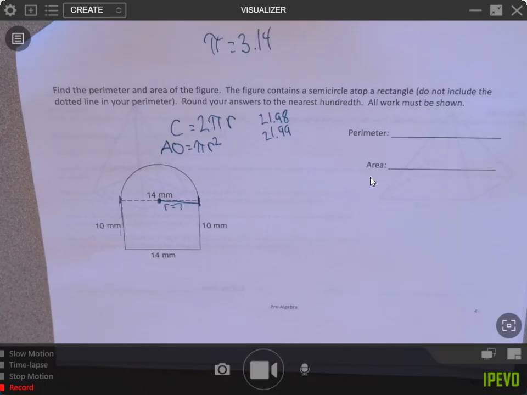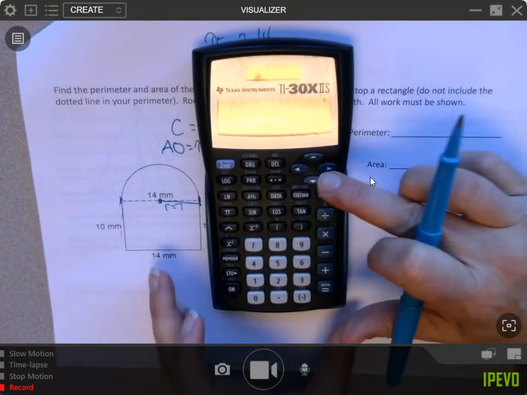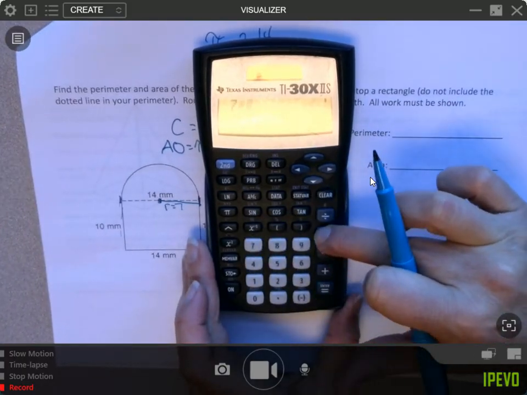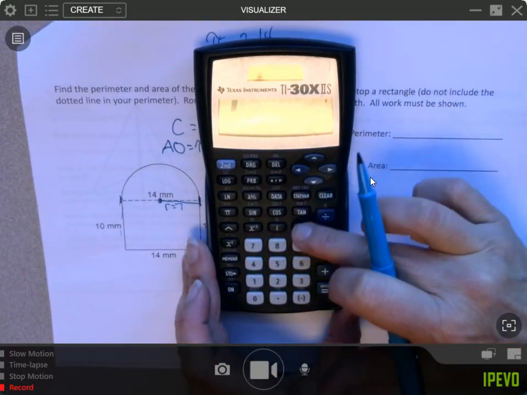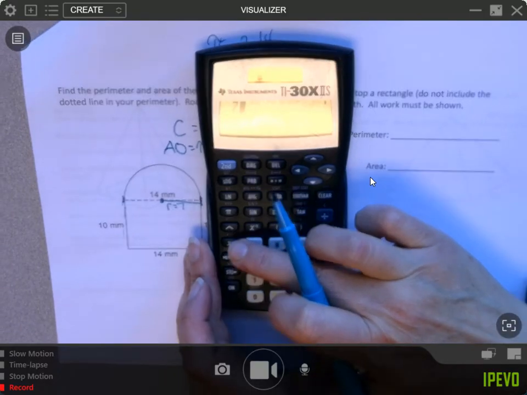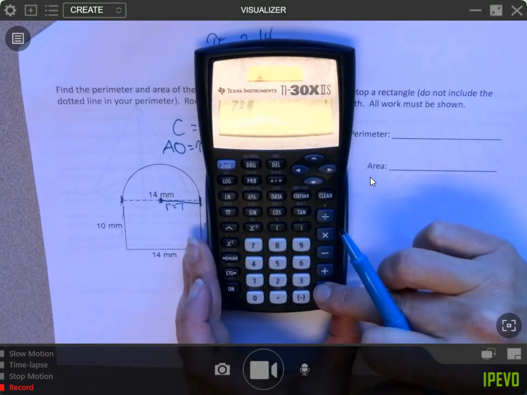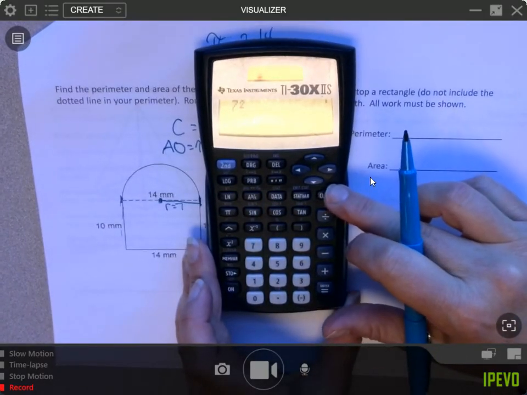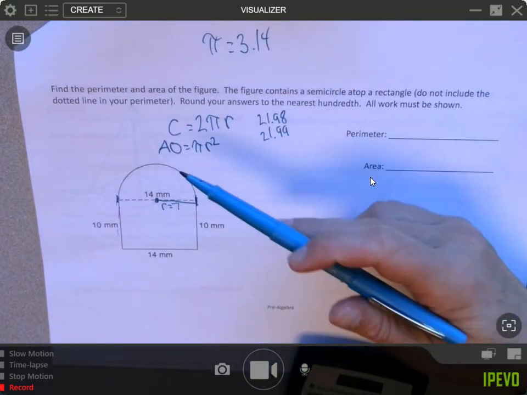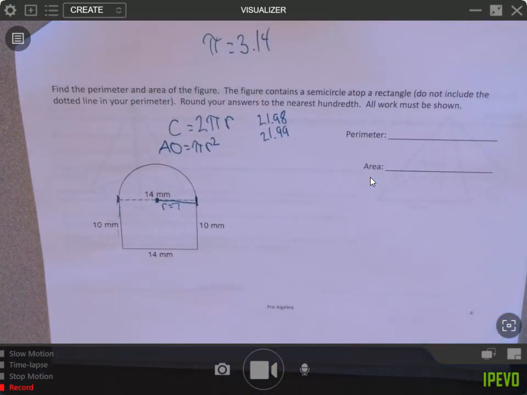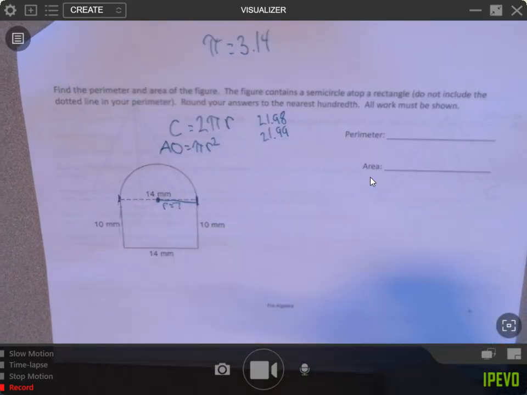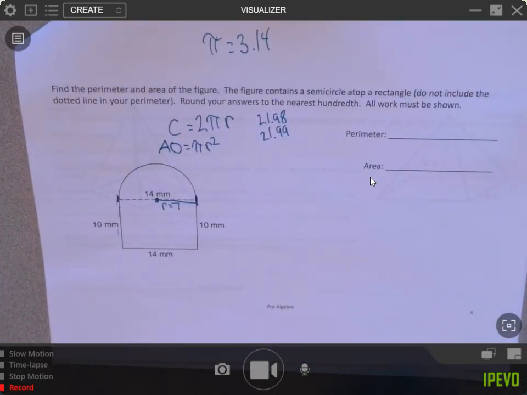So on your calculator, you could do 7 times 7, or you could do 7 squared. You would get the same answer. Keeping in mind that that circle is a half circle, so you need to divide it by 2 before you add it to your rectangle.